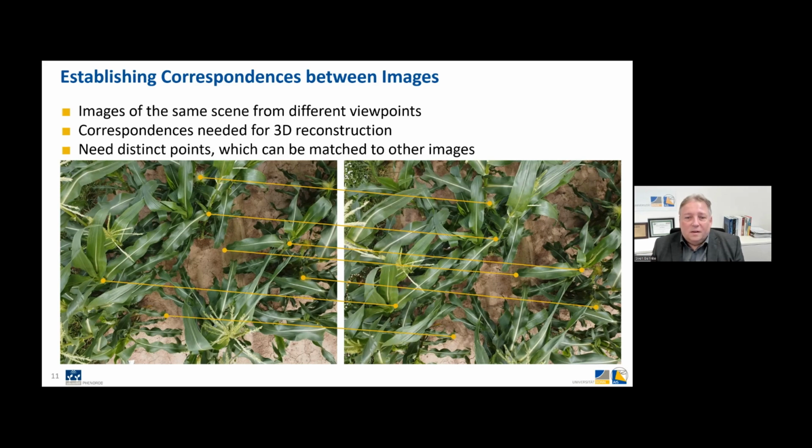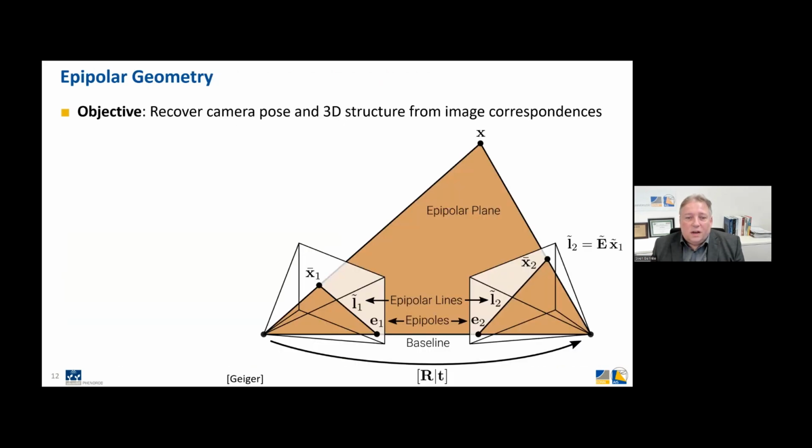And then, we can try to recover both where the cameras are and where these points are in the world from these established correspondences. So when we have a point in a camera image, we don't really know how far away, if we assume this to be a point camera, and of course we can do camera calibration to make existing cameras look like a point camera, but we don't know if we see a point in a camera image, how far away it is.